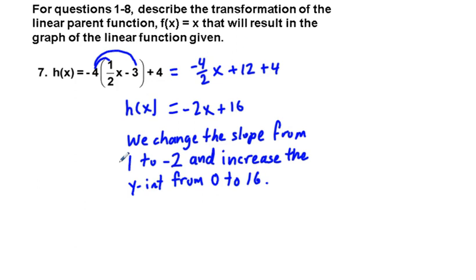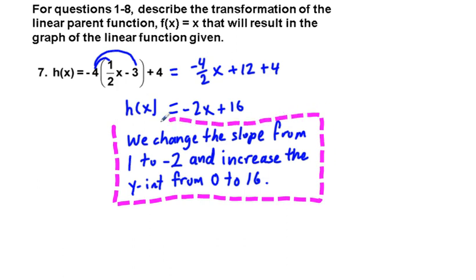That's all we do in these transformations. We change the slope and the y-intercept. That's it. And so that's number 7.